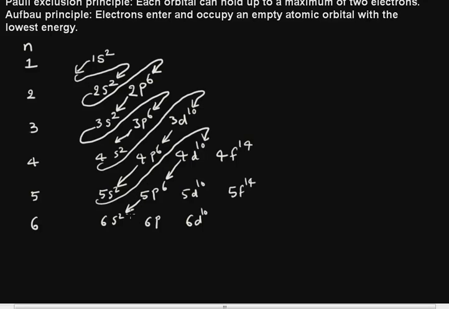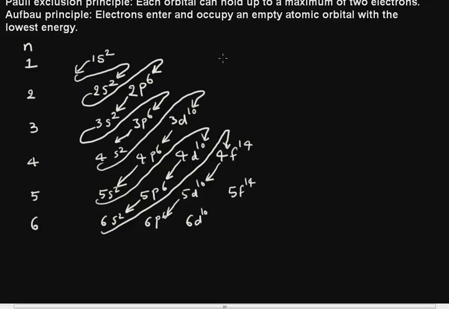After you're done with 6s, you go on to 4f. So you fill 6s and then 4f, and after 4f we fill 5d followed by 6p. So this is the order of filling or arranging electrons in an atom or an ion.